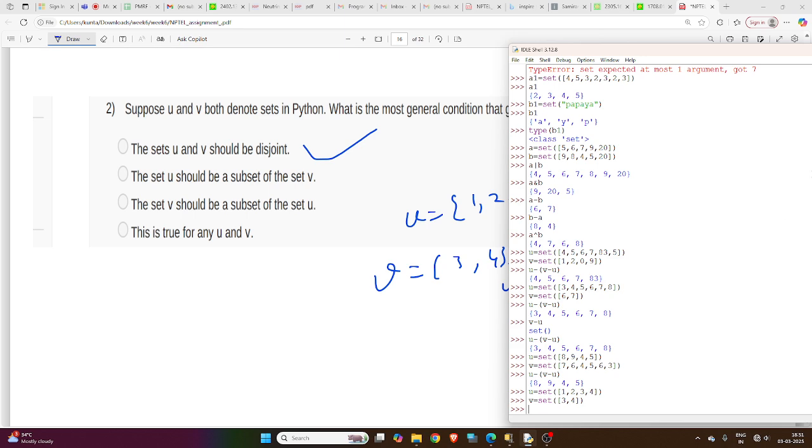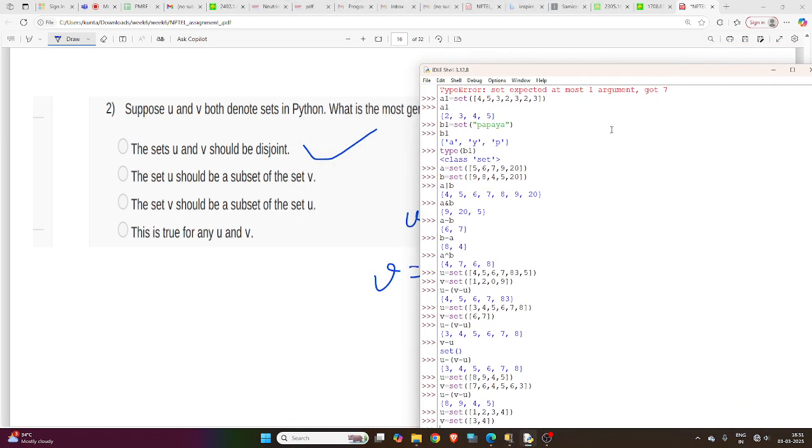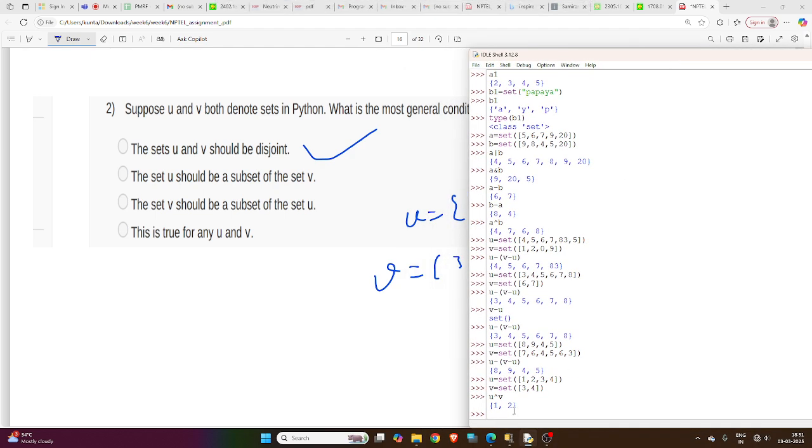It is the exclusive or. You can see here that 1 and 2 are there, because these are the terms of u which are not present in the common part. So 1 and 2 are not in the common part, so u ^ v is giving us 1 and 2.